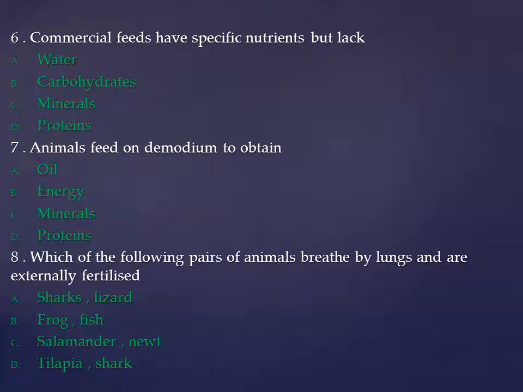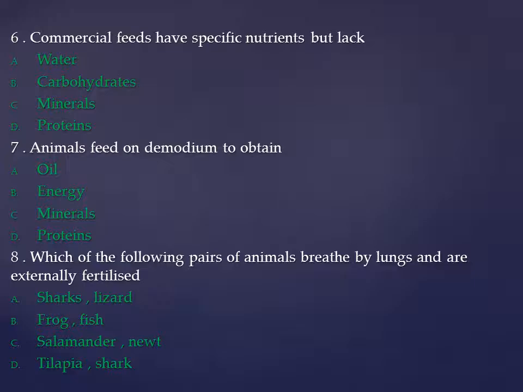That brings us to number 8. Which of the following pairs of animals breathe by lungs and are externally fertilized? Points you should have on your fingertips for you to get the correct answer. Shark and tilapia are fish. Point number 2. Fish do not breathe through lungs but through gills. Point number 3. Platypus is an egg-laying mammal.